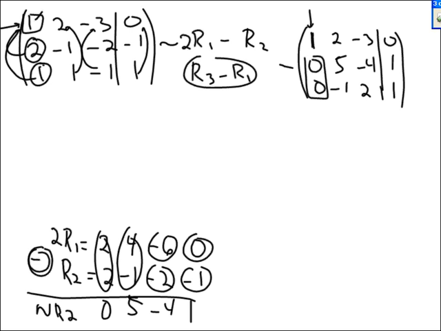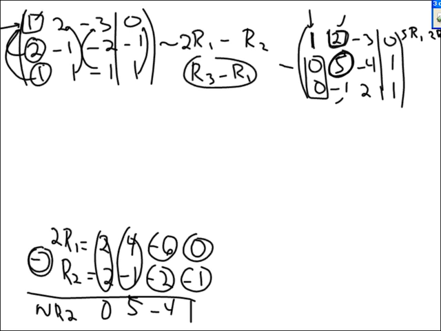For example, I would love to divide by 5 right now, but I can't. The first non-zero entry in row 2 is the 5. I want to get the 2 and the negative 1 to be 0. Using row 2, using that 5. Well, between 2 and 5, their LCM is 10. I'm going to multiply row 1 by 5. That will put a 10 here. And I will double row 2.